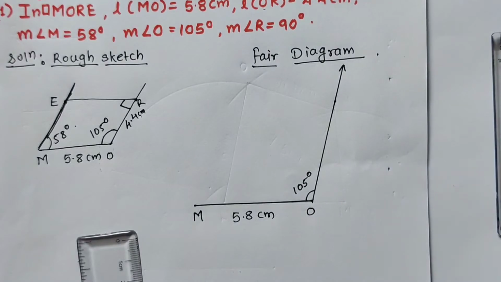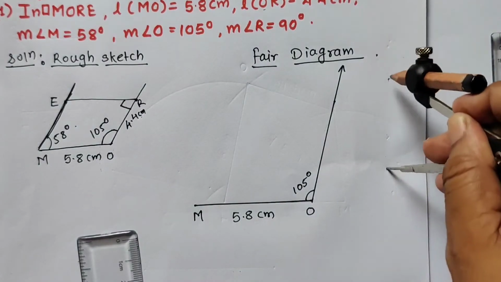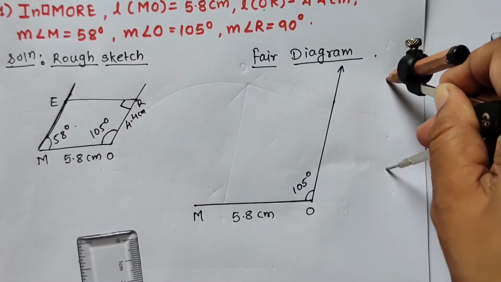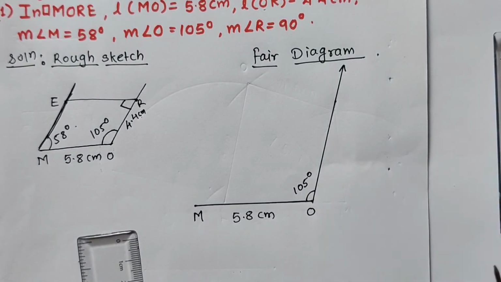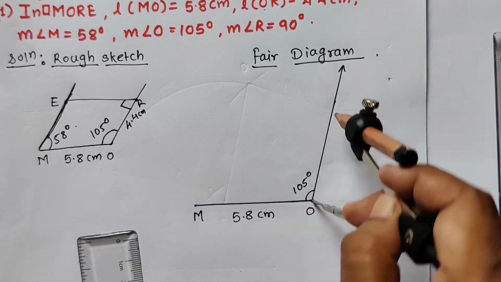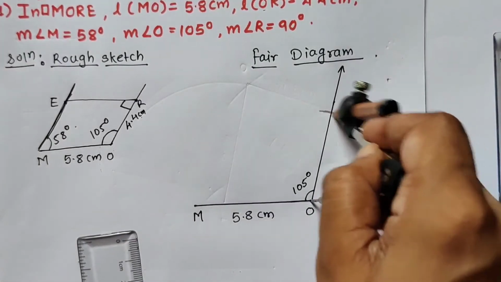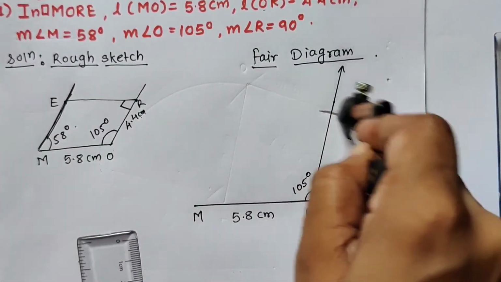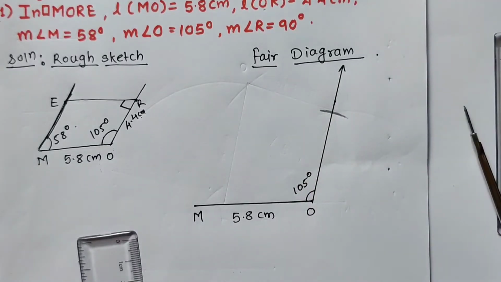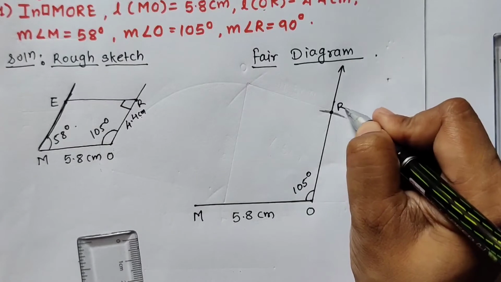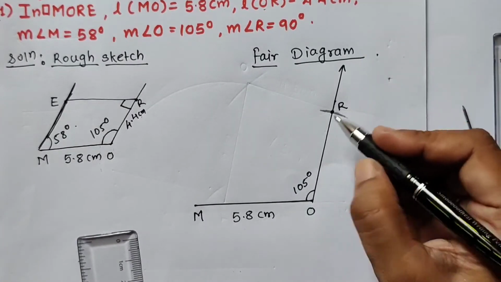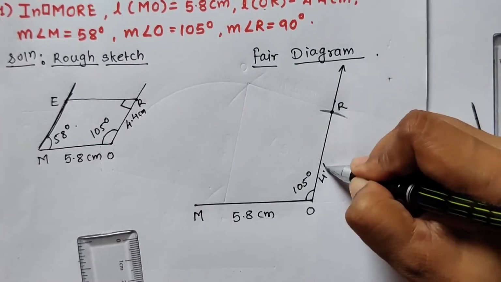And then I will take this much distance in my compass, or rounder, you can say anything. This is my compass. Now I place this pointer on point O and then I will draw an arc on this ray. This arc is to fix the position of point R. In this way we have fixed point R here. Make this point dark, and this is 4.4 centimeter.